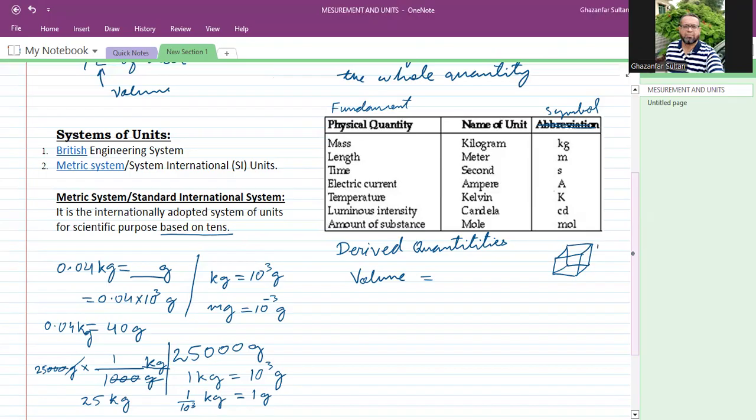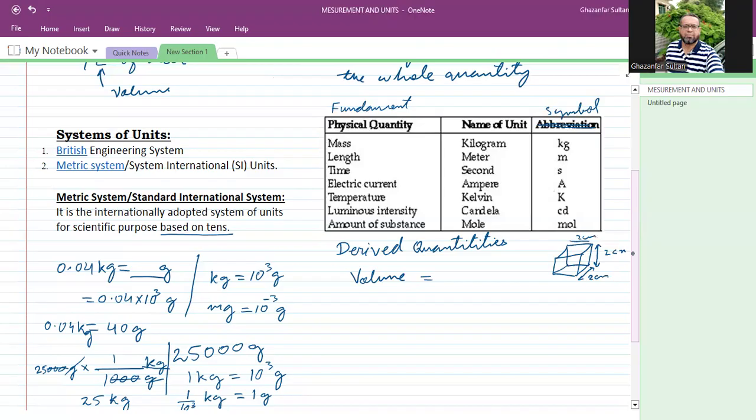For example, this length is 2 centimeter. It is also 2 centimeter. And this one is also 2 centimeter. If you are confused about which three measurements could be taken, take any one point, take all three lines emerging from that point and measure these.